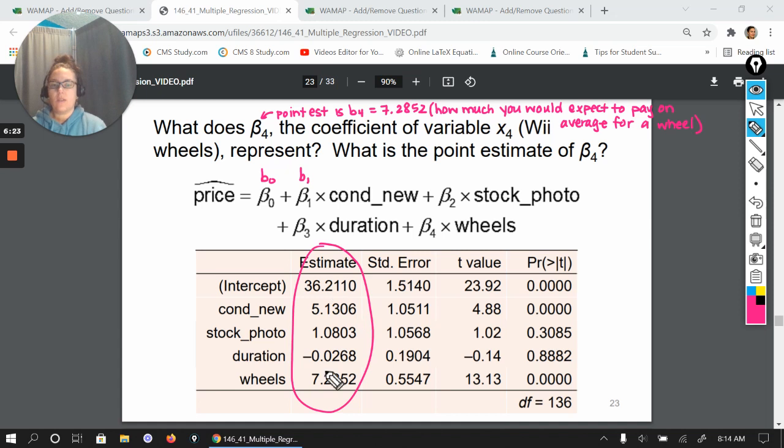So these numbers actually aren't equal to the betas because the betas represent the true population values. These numbers come from our sample, which is an estimate of the true population values. So we put these in place of the betas, but they are again estimates, not the true values. They're just estimates.